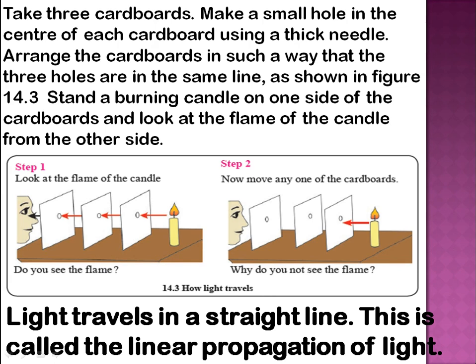All 3 holes should be in a straight line, and through that line we can see the candle's flame. This is called the linear propagation of light. It is a very simple activity which we can also try at home.